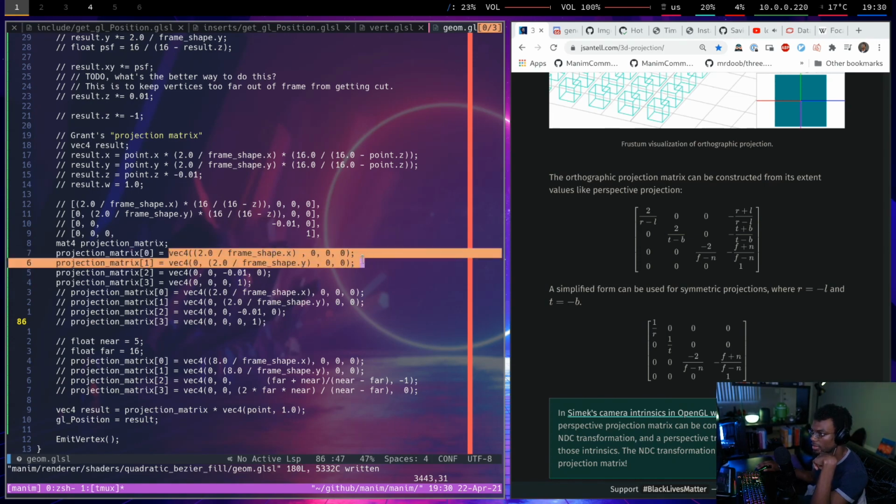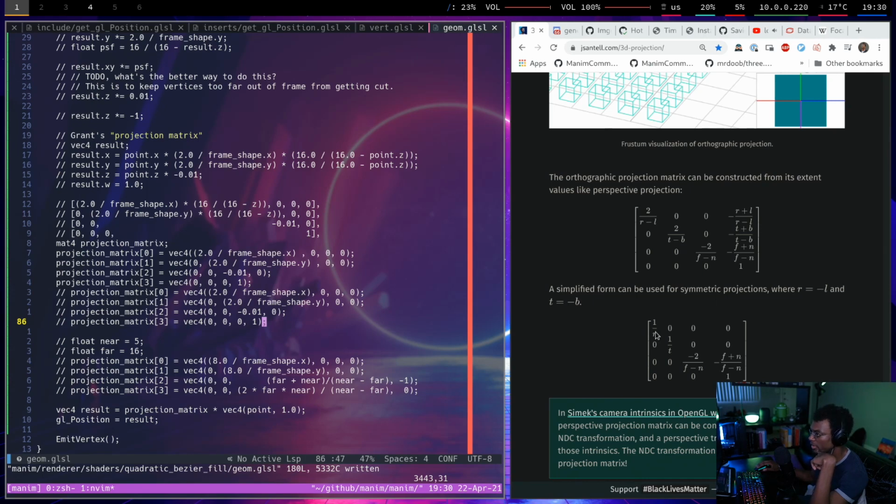If this is the first column, then I see something involving the x distance, 0, 0, 0. Then I see 0, something involving the height, and it's in the denominator, then 2 zeros. 0, 0.